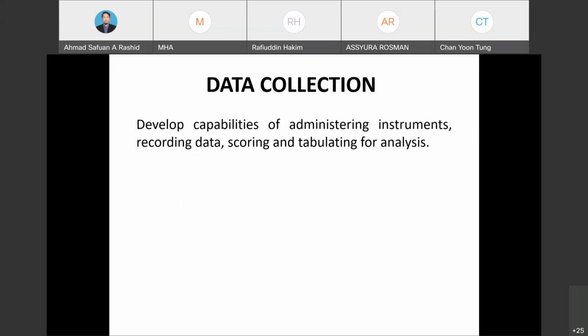Data collection: develop the capability of administering instruments, recording data, scoring, and tabulating for analysis. You need to have this kind of capability.